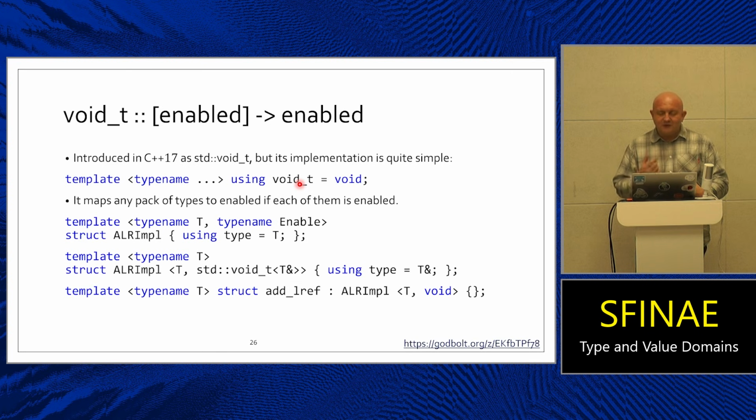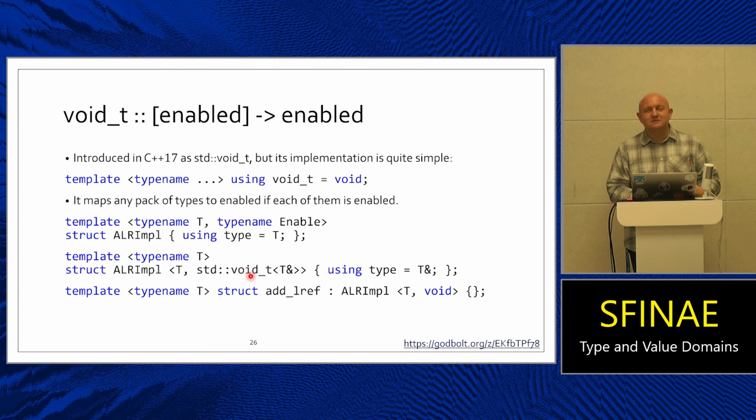And look how beautifully it simplifies our previous remove-ref example. Instead of this remove_reference of T& trick, we're just using std::void_t and asking if this T& is valid. This is a clear way to ask it, and here we're passing void to enable, and if std::void_t is okay, then it wins the overload because it's a better specialization.